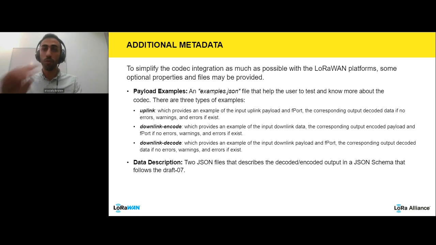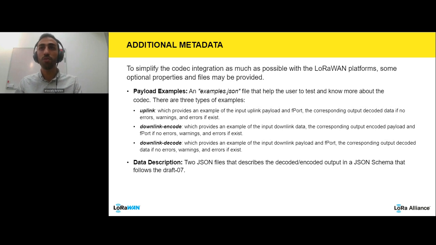the developer may provide a list of examples. Examples of what? Examples of the bytes to be decoded, and normally the expected output. These examples will be used by the LoRaWAN platforms to suggest, for example, some payloads to the user when testing the codec.